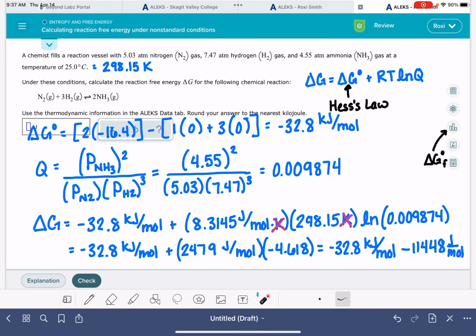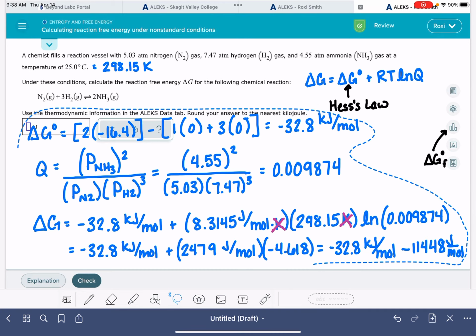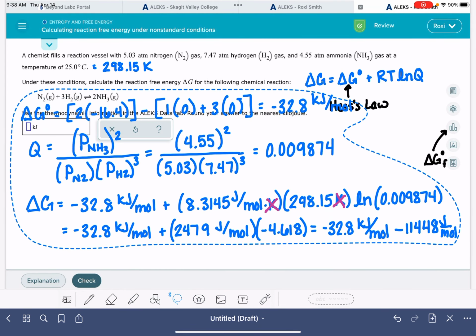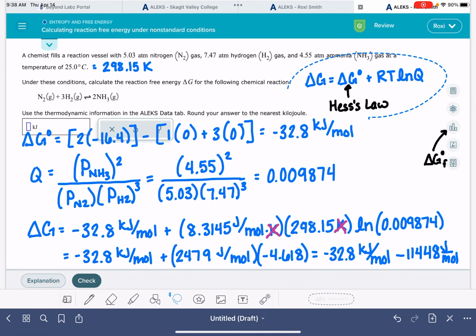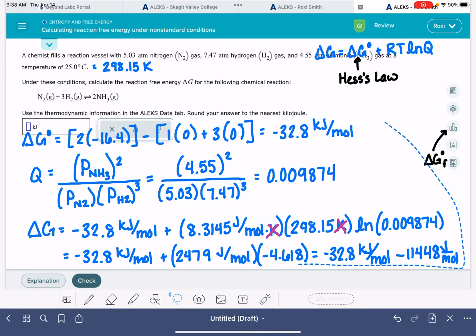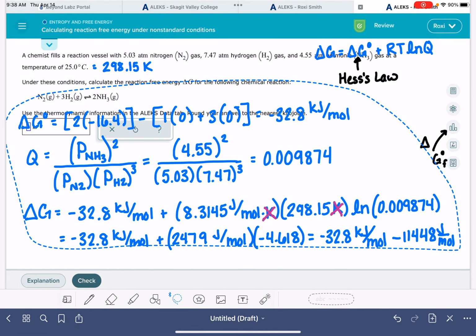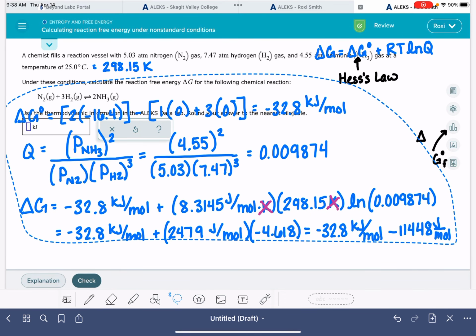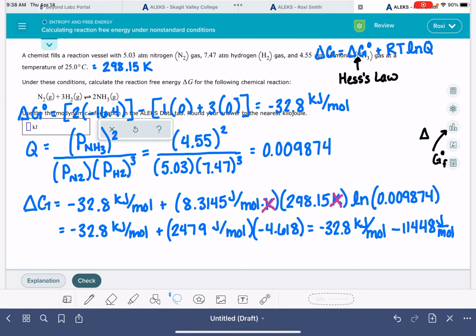Now we have a pretty minor issue here with some inconsistency with our kilojoule versus joule situation. And I need to make myself even more room. For this, you have the choice of either converting your kilojoules to joules or the other way around.